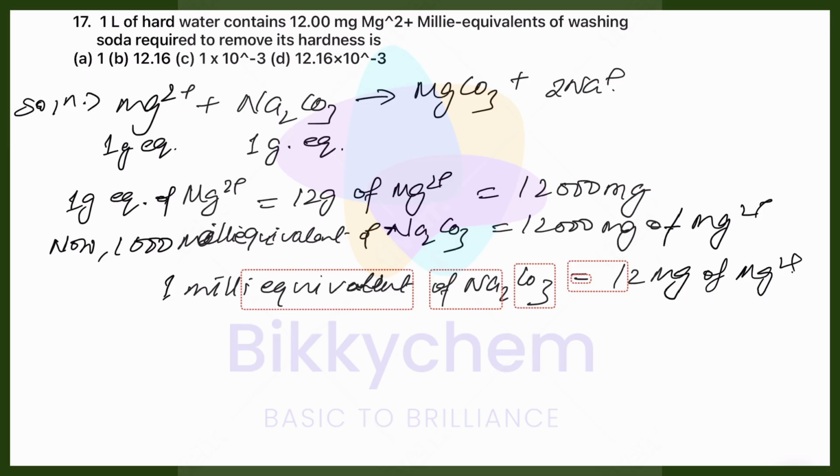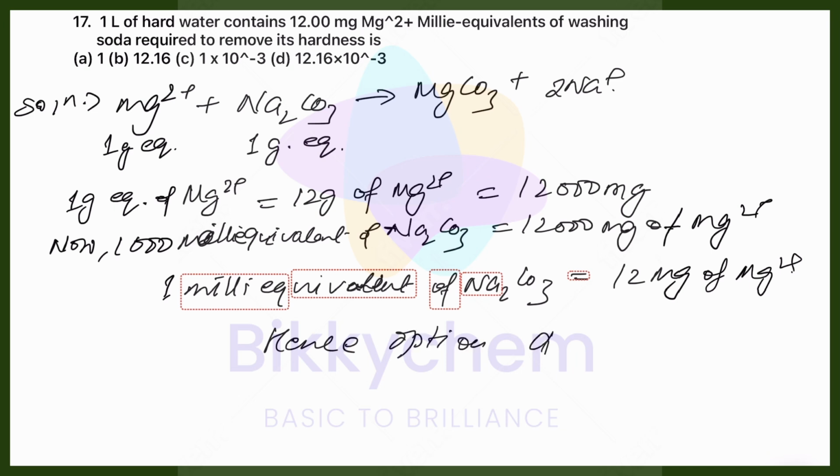So I think you got it, no? If 1000 milli equivalent of Na2CO3 is required for the 12,000 mg of Mg2 plus, means 1 milli equivalent of Na2CO3 is required for the 12 mg of Mg2 plus. So hence option will be A.